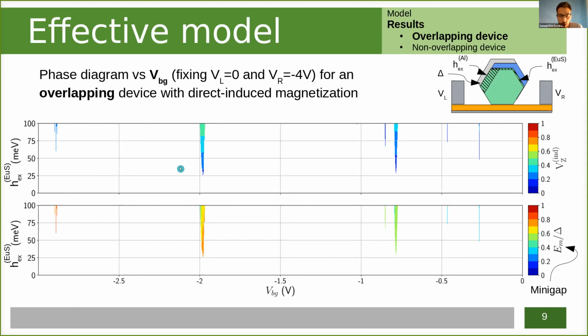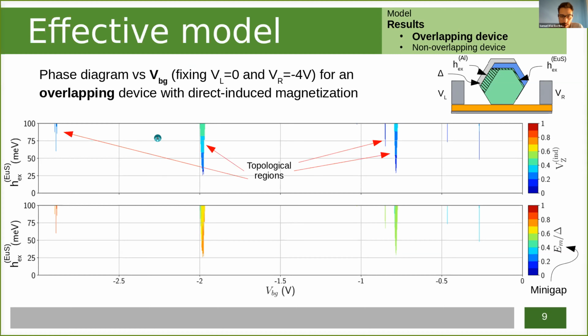And in color, we see the lowest energy modes that are non-trivial. With colors in the top panel, we see the induced magnetization for the lowest energy mode. And in the bottom panel, we see the mini gap for the lowest energy mode. This mini gap is the lowest energy gap in the system for the lowest energy mode.